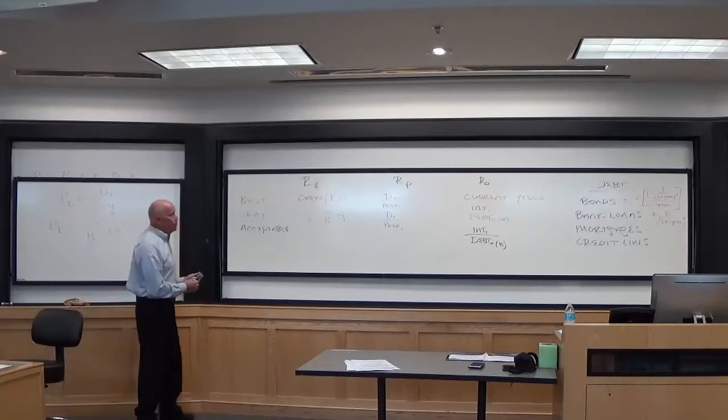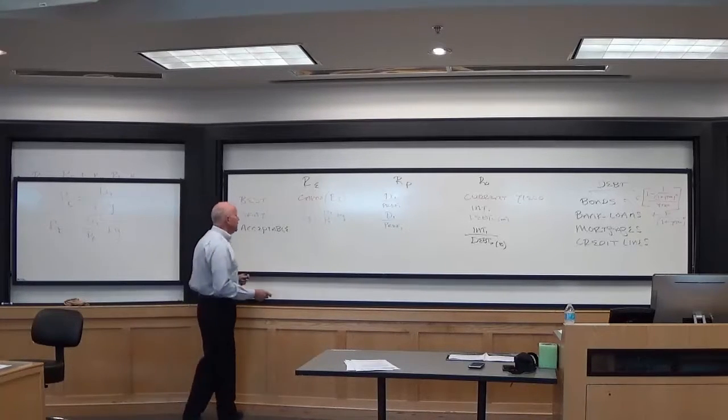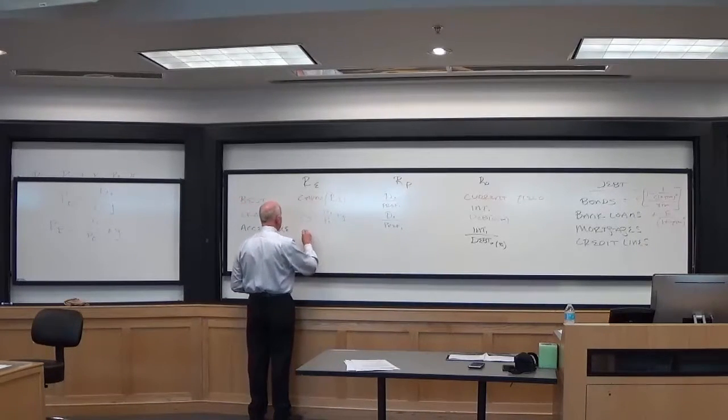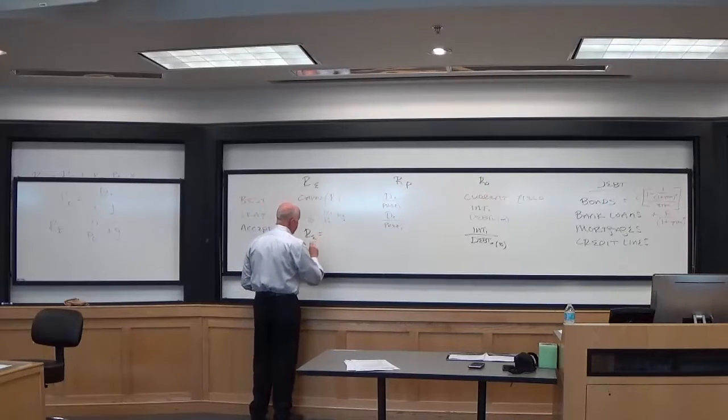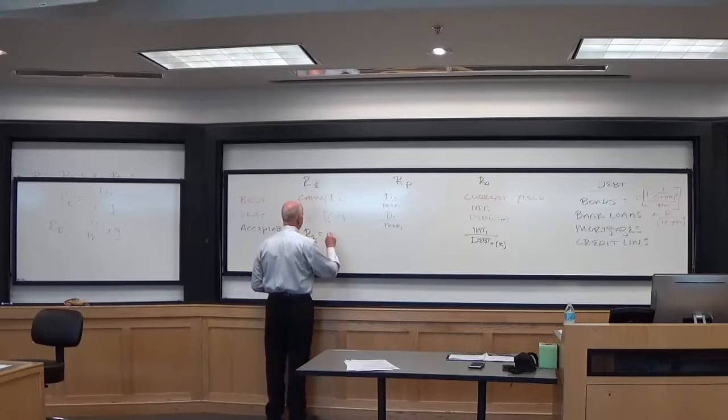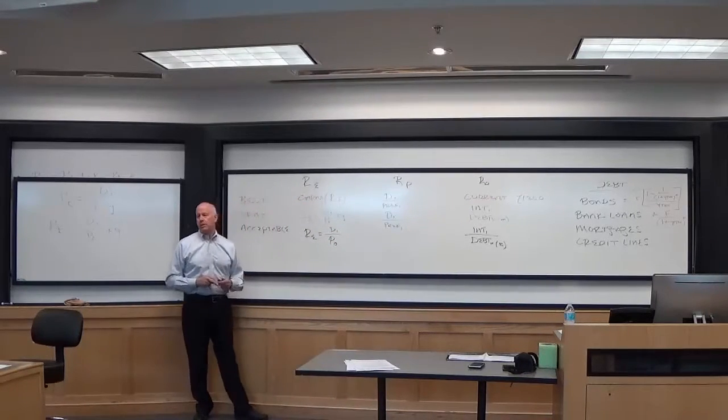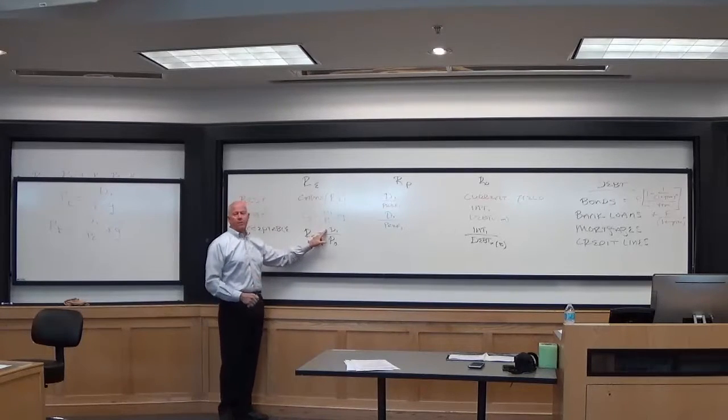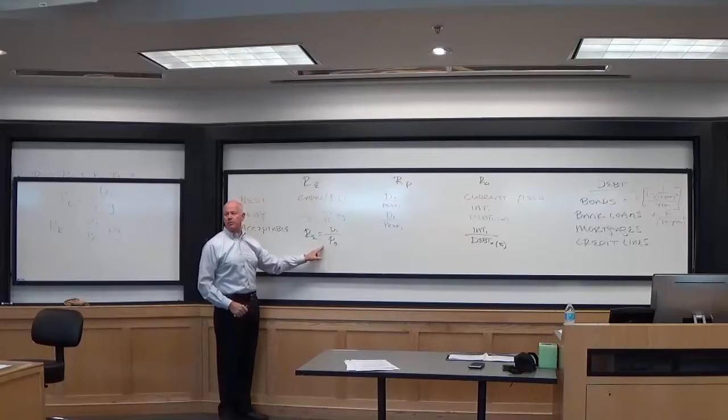Similarly, the one that will do, but I don't like it, could be RE being equal to simply the dividend at time 1 divided by P0. So the dividend paid for the common stock divided by the value of the common stock, which might be a book value in this case.